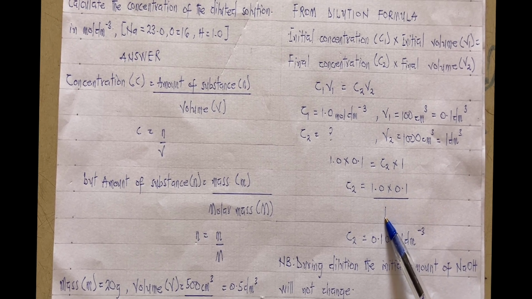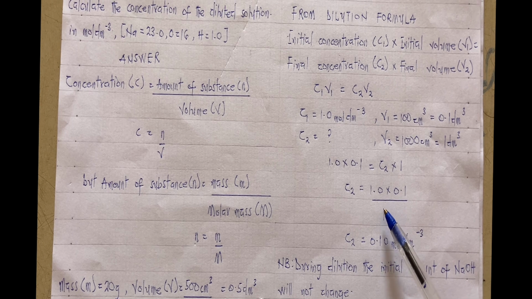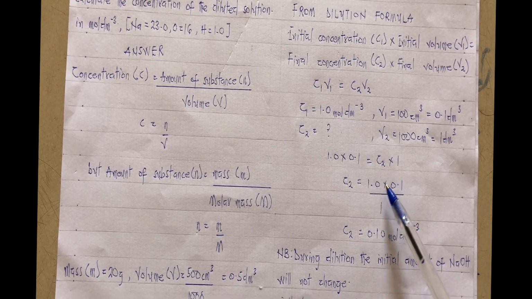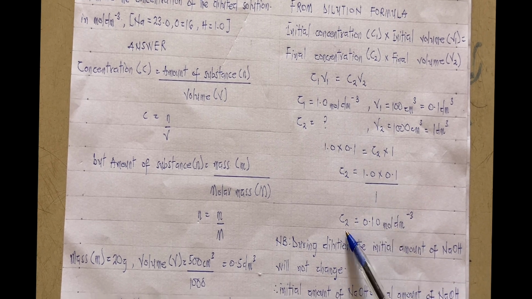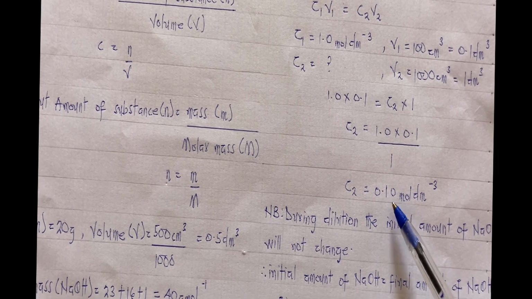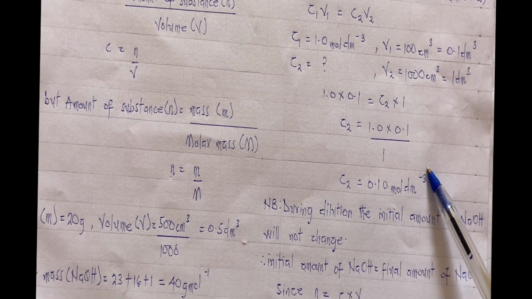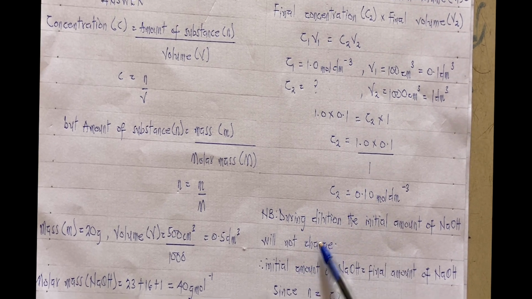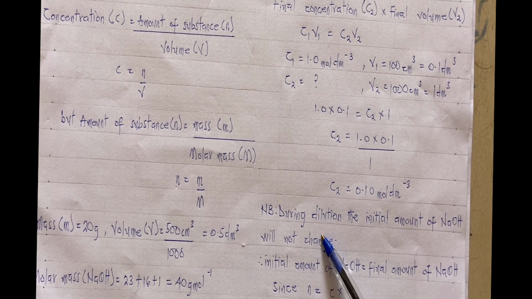And when we multiply and we divide by 1, our final concentration will give us 0.10 mole per dm cube.